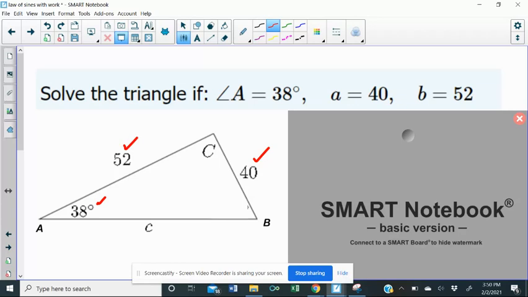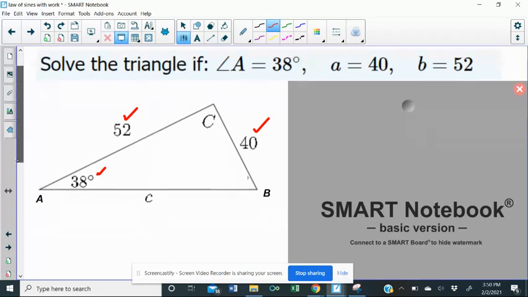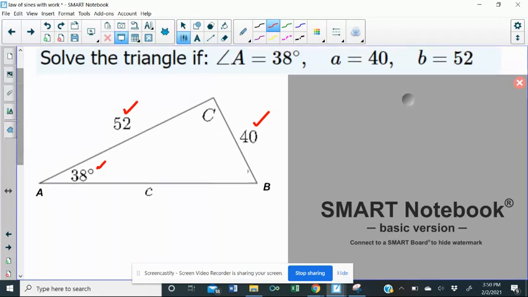We go ahead and try to figure out the first angle that's possible, which would be angle B, using our law of sines again. Sine of 38 over 40 is equal to the sine of B over 52.